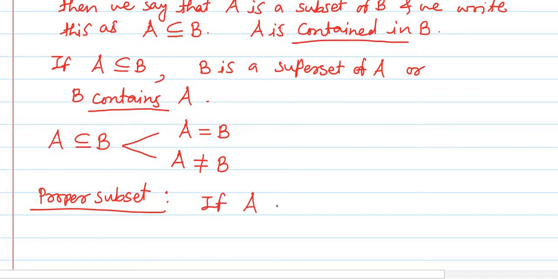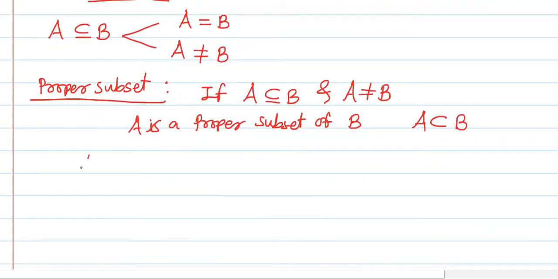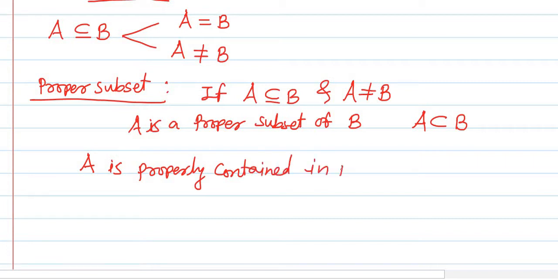If A is a subset of B and A is not equal to B, which means that every element of A is in B and B has at least one element which is not in A, then in this case we say that A is a proper subset of set B, and we write this as A is properly contained in B. In this case we also say that A is properly contained in B, or B properly contains A. Both mean the same.